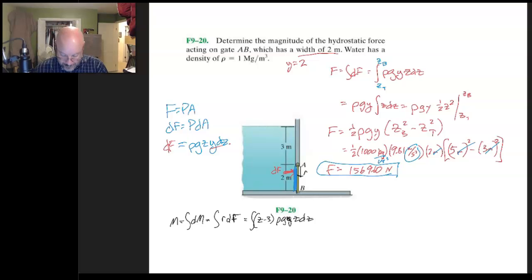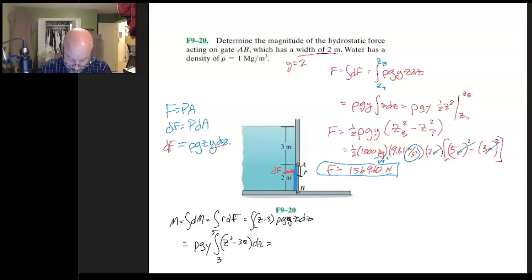And so if we run with that for just a little bit here, we're going to have rho g y, and my integral then is going to turn into z squared minus 3z dz, and we're still going from 3 down to 5. Just like that.